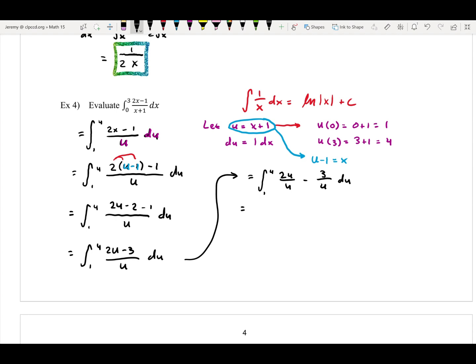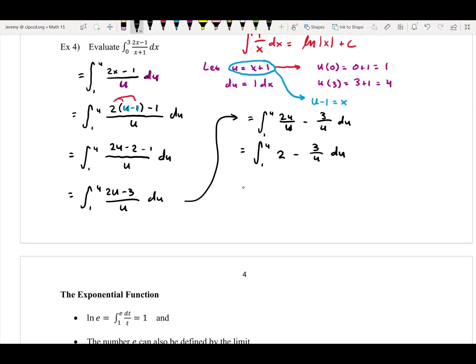And I'm liking how this looks because this is just going to be the integral of 2 minus 3 over u du. And these are some antiderivatives that I can find.